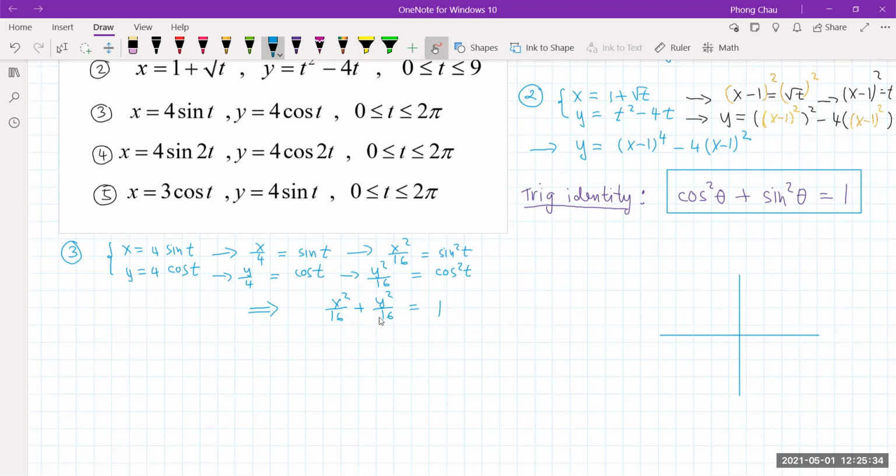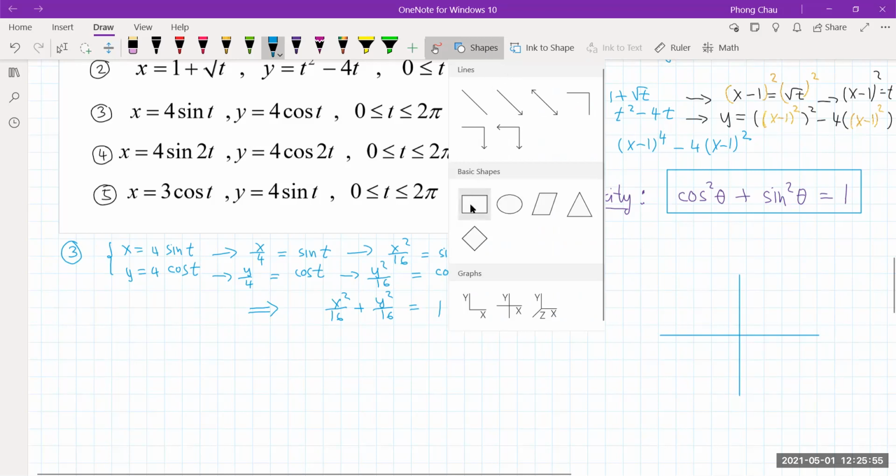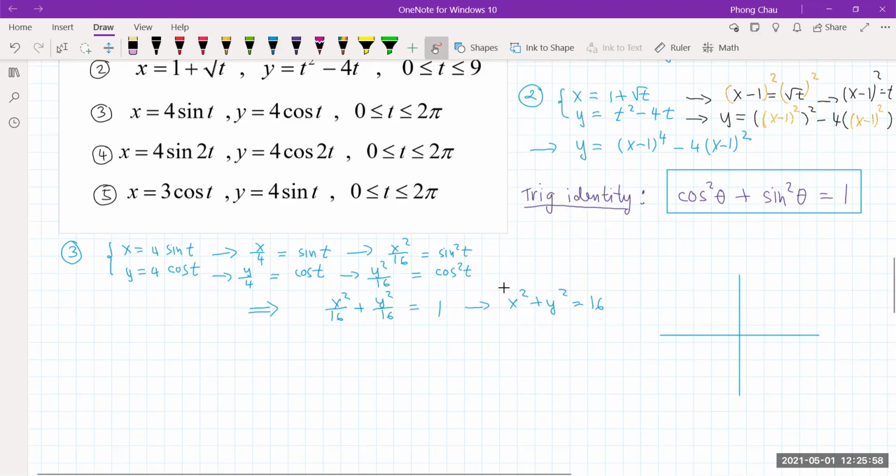So basically I'm done. But because the two have the same denominator, we'll do one more step of multiplying both sides by 16 to clean up. It becomes x squared plus y squared equals 16. And that is our new Cartesian equation that is equivalent to the original x equals 4 sine t and y equals 4 cosine t.